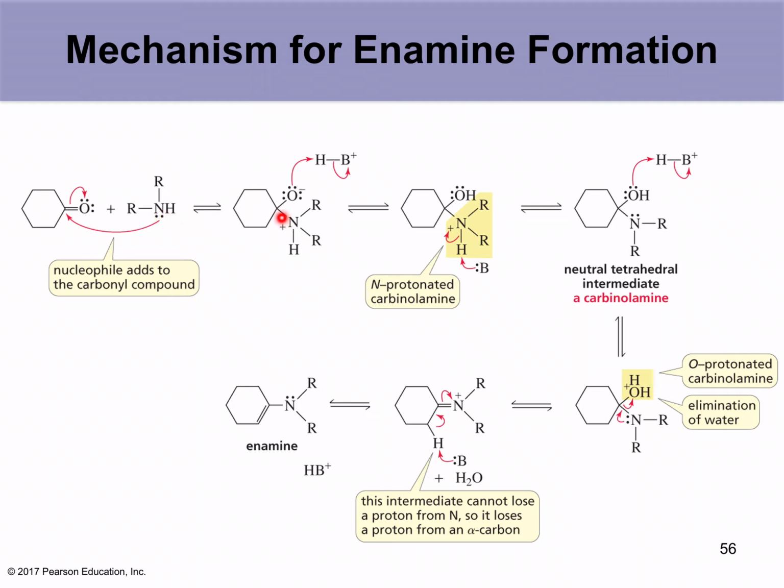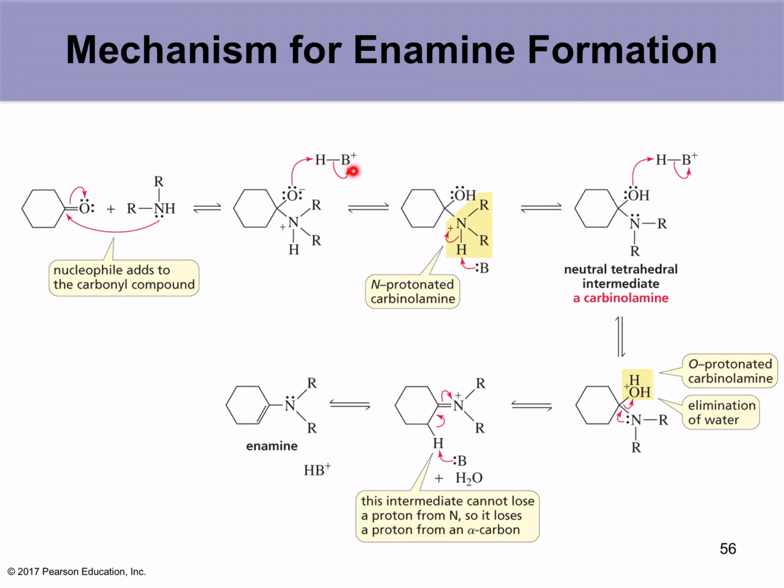So since nitrogen has 4 bonds, it should carry a positive charge. And then since oxygen has 3 lone pairs with 1 bond, the formal charge would be negative. So to make it neutral, it's going to grab a proton from the acidic medium, and it will be protonated, giving you an alcohol. And nitrogen is still carrying its hydrogen.